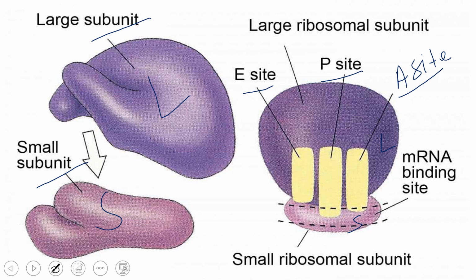Remember P and A, how are you going to remember it? A means it is called the aminoacyl site, P site means the peptidyl site and E means the exit site.